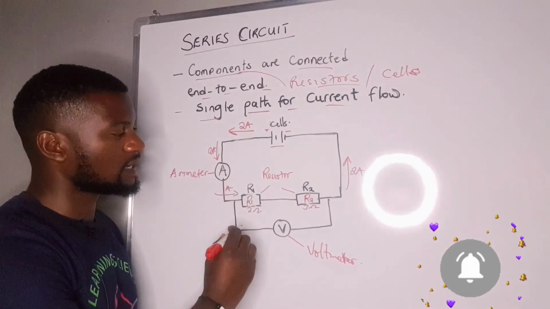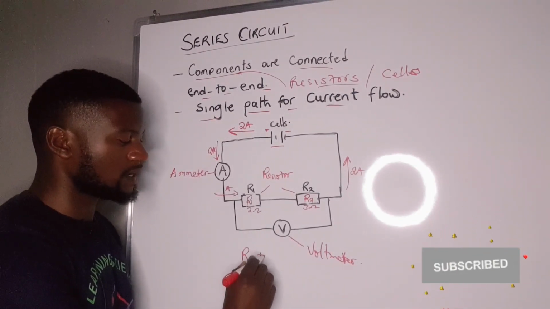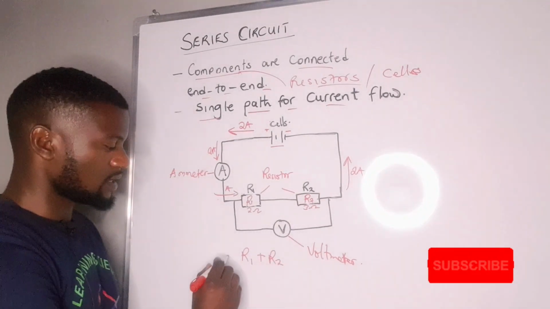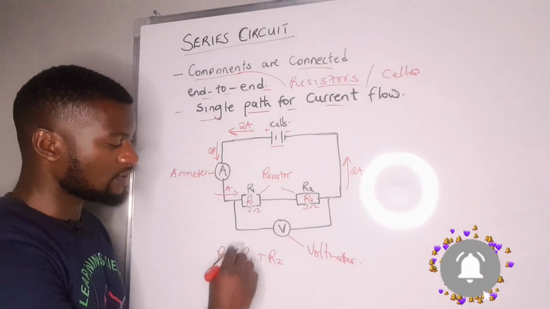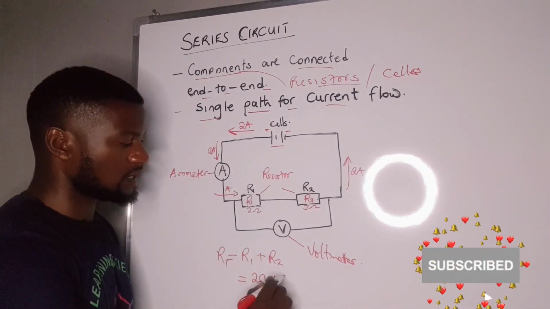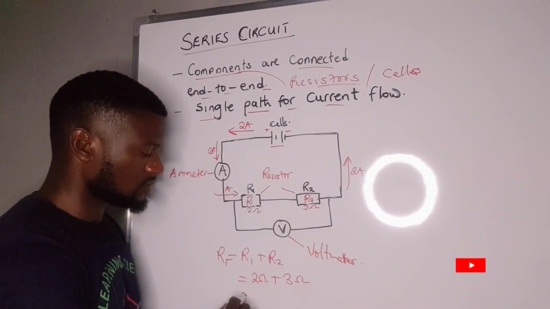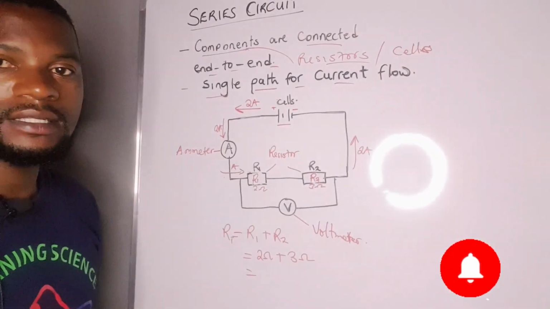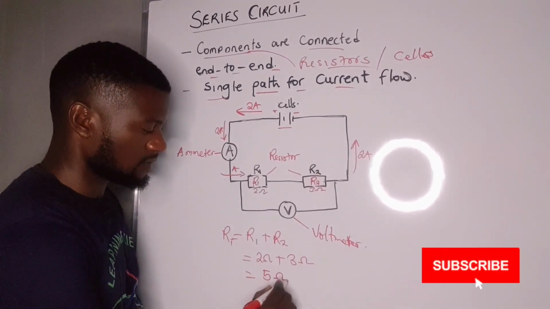In our case, we are going to have R1 plus R2. R1 is 2 ohms, then R2 is 3 ohms, so our combined resistance is going to be 5 ohms.